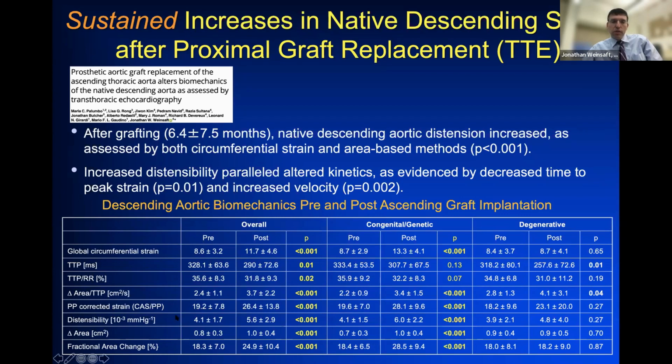All consistent with the notion that a stiff graft propagates an energy propagation to the descending thoracic aorta, thus altering aortic biomechanics, and that those alterations can be discerned via new techniques.